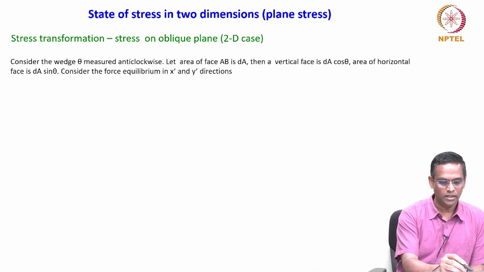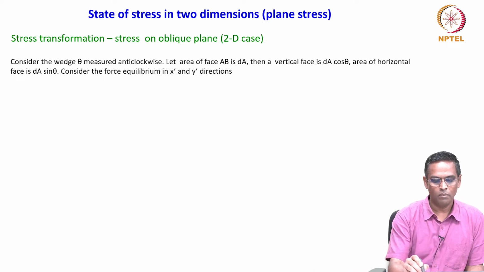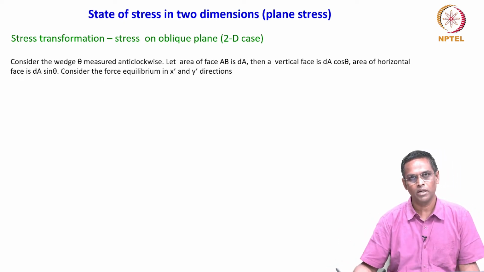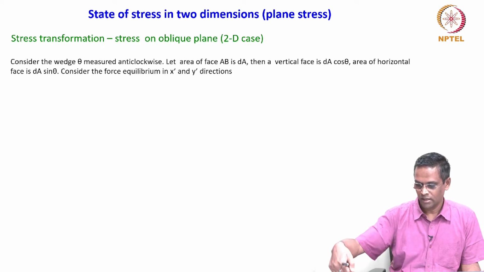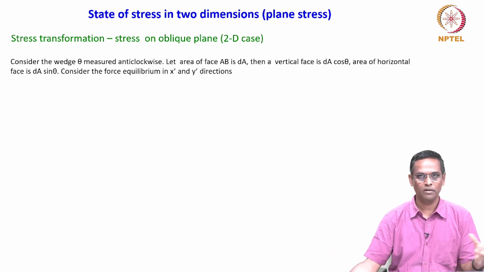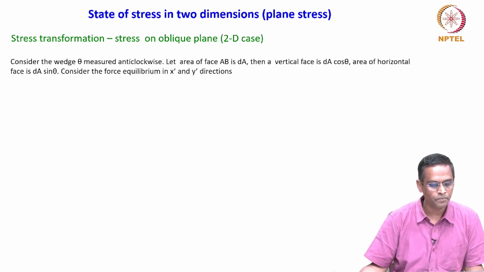That is why we take the stress transformation. So, if you take a stress on an arbitrarily oriented oblique plane, how it works out, including the orientation effect, is what is going to be described in this.